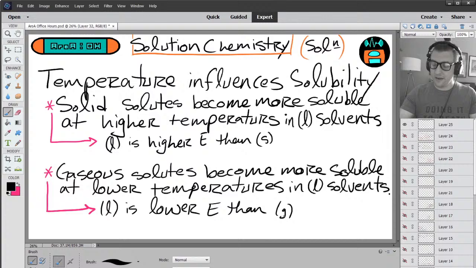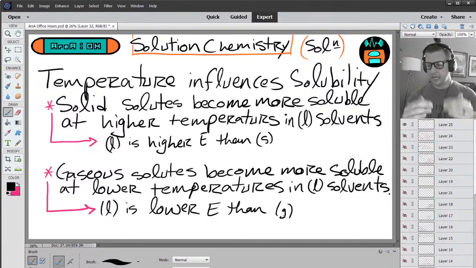This is why, for example, if you leave your carbonated beverage of choice out at room temperature, it's going to go flat, because when it's in the fridge, it's cold, it's able to keep the bubbles trapped in there. But as it warms up, the gas becomes less and less soluble and escapes into the atmosphere.